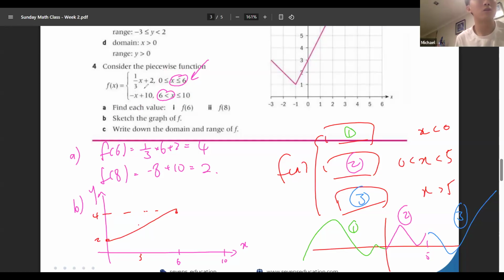How do you plot negative x plus 10? The y-intercept is 10. But the thing here is that you can't plot from the y-intercept because it's in this region, right?